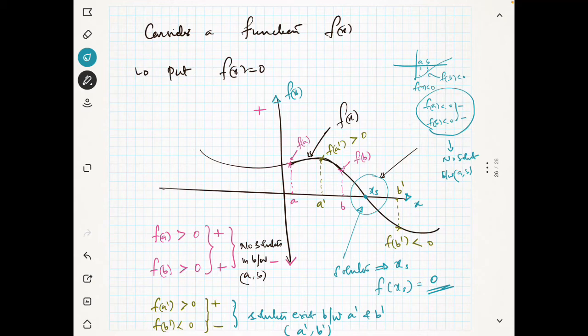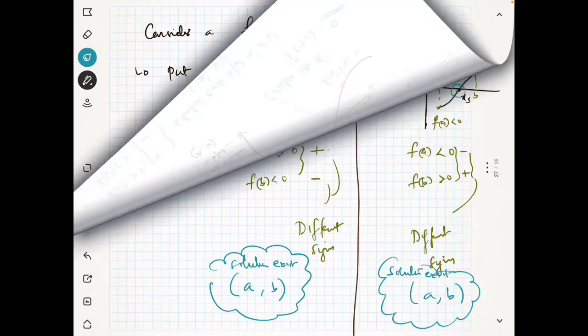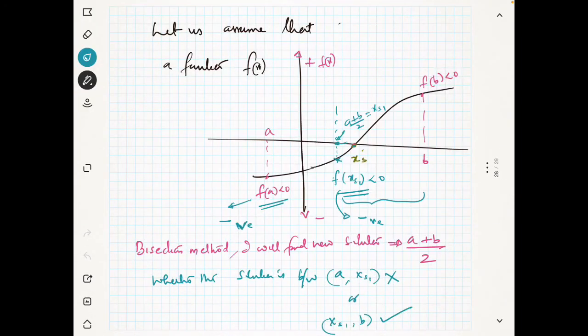So there should be a sign change. One should be positive and the other negative, different signs. So here f of a less than 0 and f of xs1 less than 0. So no solution. This is not the correct answer.